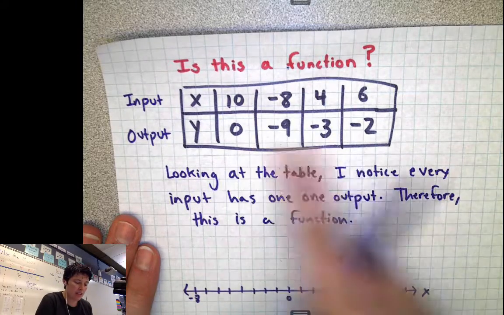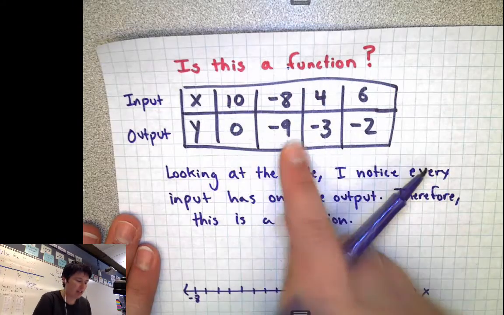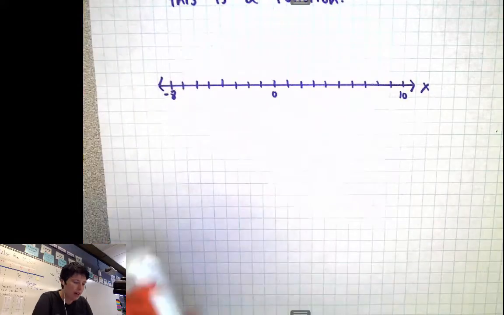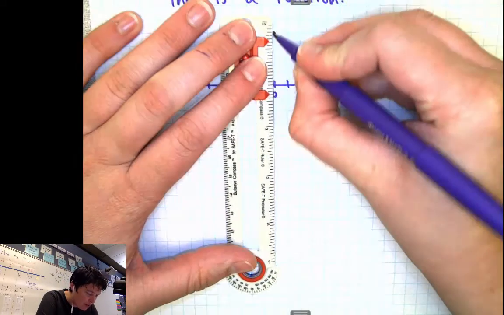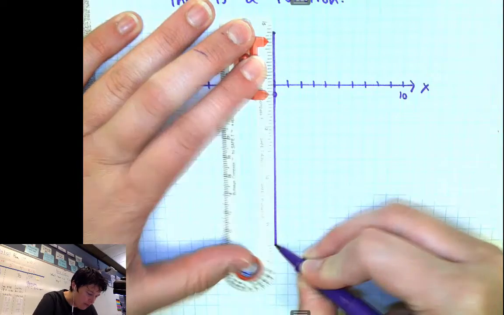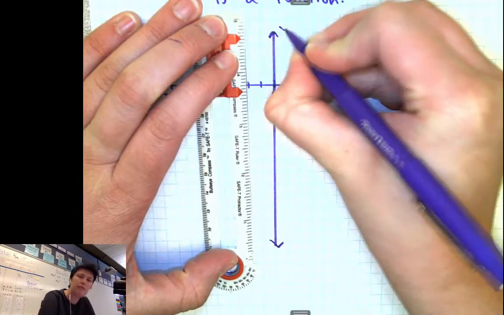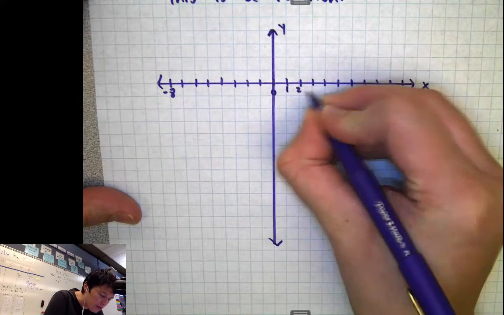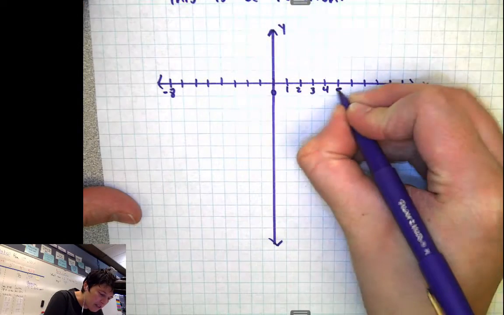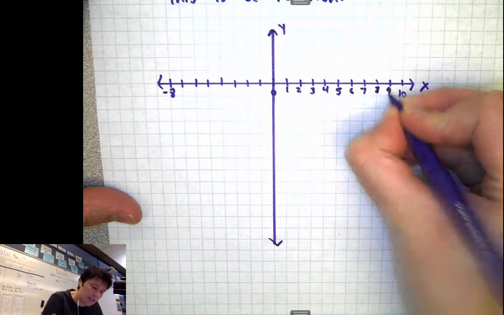For my y-axis, 0 is the biggest number. They're all negative numbers, so the y-axis will be kind of short on top, but definitely lengthy going down. Okay, let's fix this up and get some more detail on here. So 1, 2, 3, 4, 5, 6, 7, 8, 9, 10 on the x-axis.